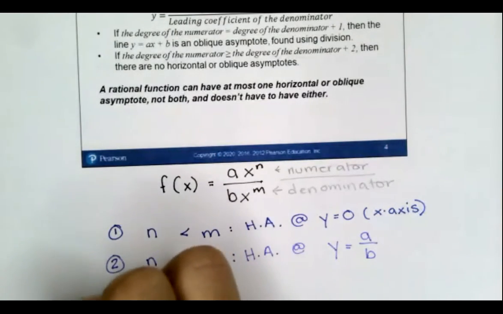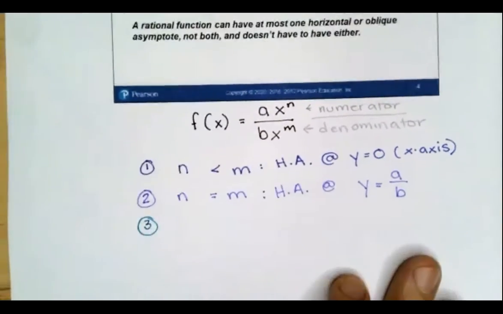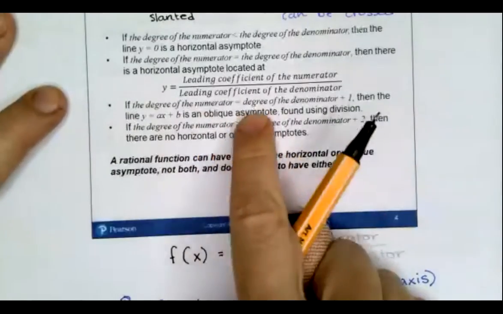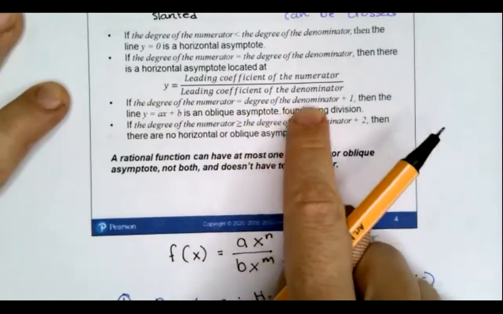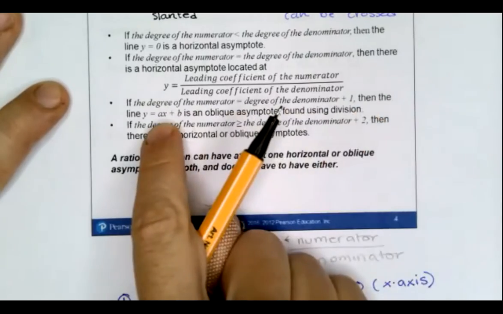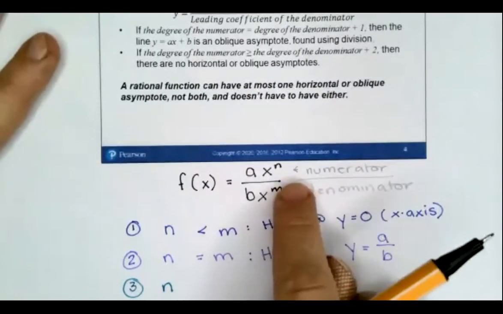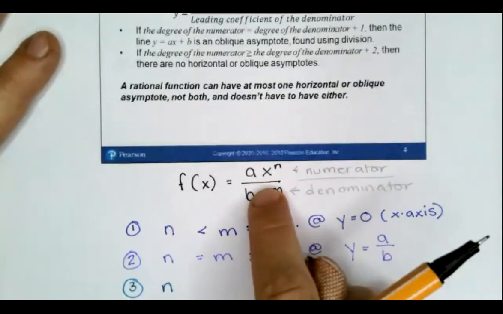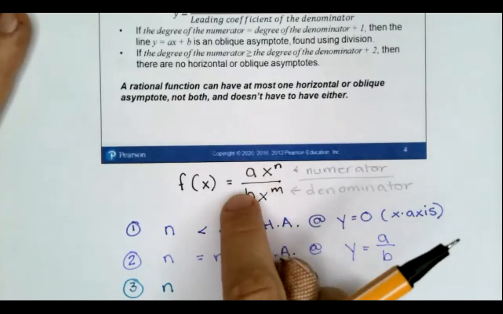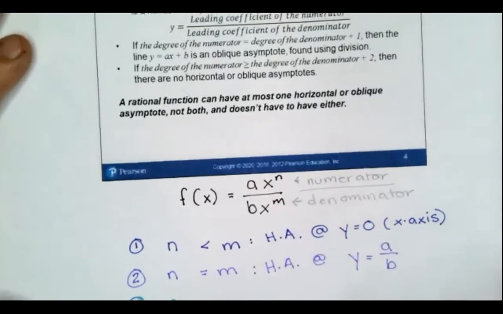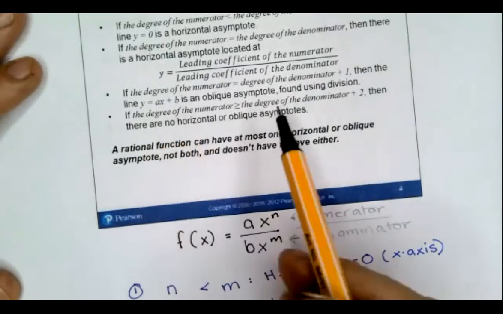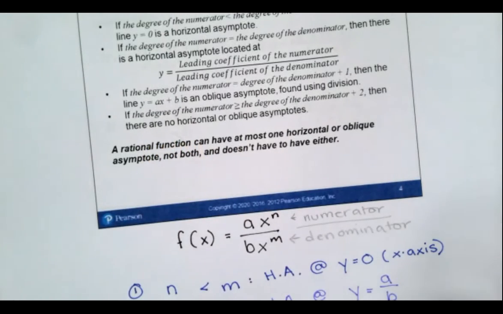Third case, if the degree of the numerator is equal to the degree of the denominator plus 1, then you have to divide all of this polynomial by this polynomial, and your y equals mx plus b is the oblique asymptote.